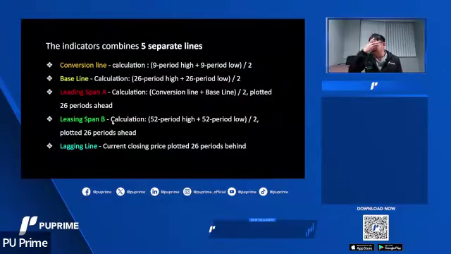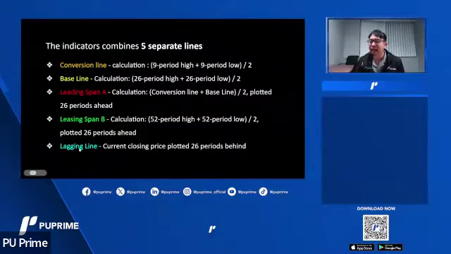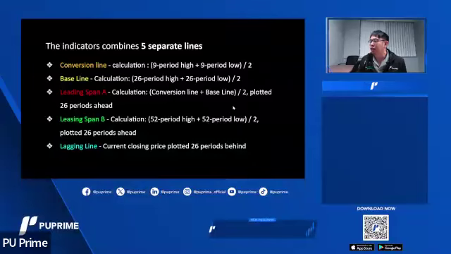And the last line, they call it the lagging line. It is called a lagging line because they use the current closing price plotted 26 periods behind. This is how they derive this line: the current closing price plotted back, behind. So this is the lagging line.